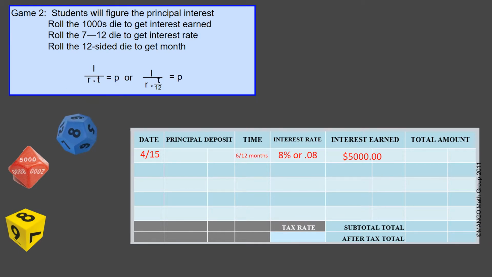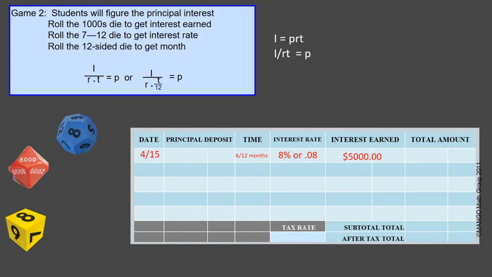And we're going to roll the other dice, which tells us how many months out of the year it took for us to earn $5,000, and we did it in 6 months. So it's 6 months out of 12 months, which is 0.5, or 50%. So it's half of that amount of months that have passed.